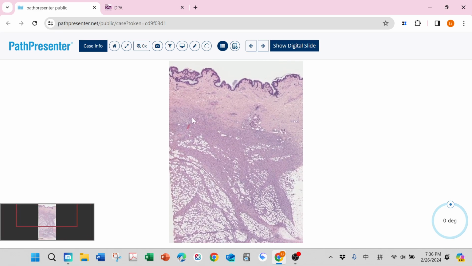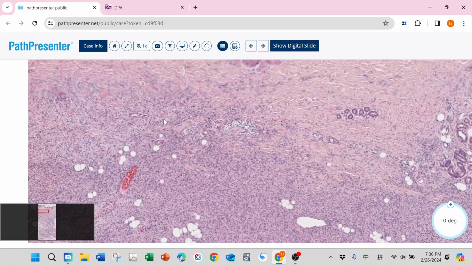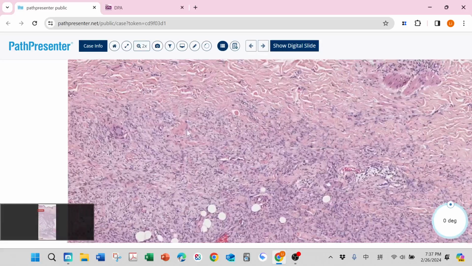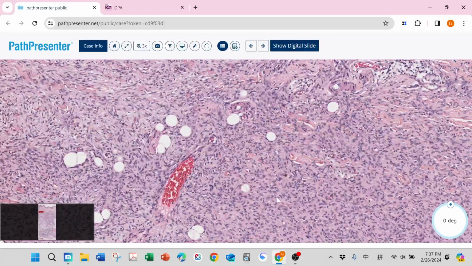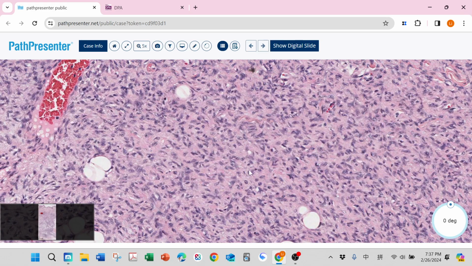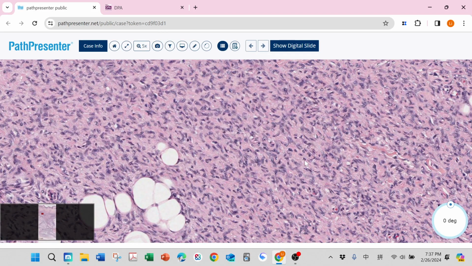Sometimes in DFSP we often can see collagen trapping, but this one is not as good as the DF, but you may still see some collagen trapping. But when you see the cytology, the cells are kind of monotonous. All the cells look the same, because for a soft tissue sarcoma entity, when they have a translocation, the sarcoma cells usually look monotonous.